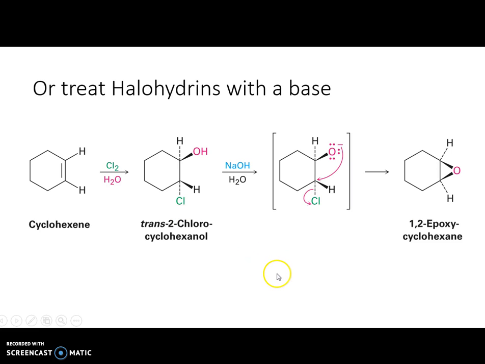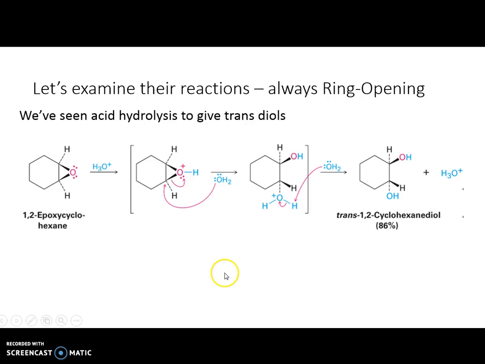What we're going to do now is learn how to open the ring. So here is a ring opening reaction. If I treat this epoxide with a little bit of acid, it protonates that oxygen. This can now open and put a positive charge here.